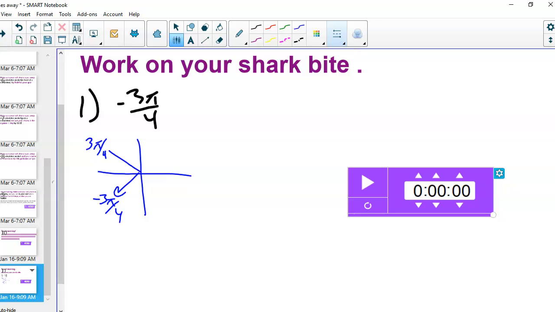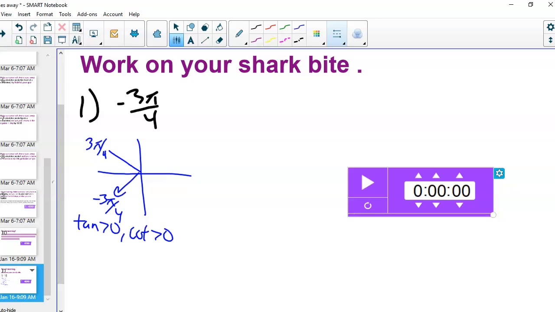So in the third quadrant, what's positive? Sine and cosine are both negative. So tangent is positive, cotangent is positive, everything else negative.